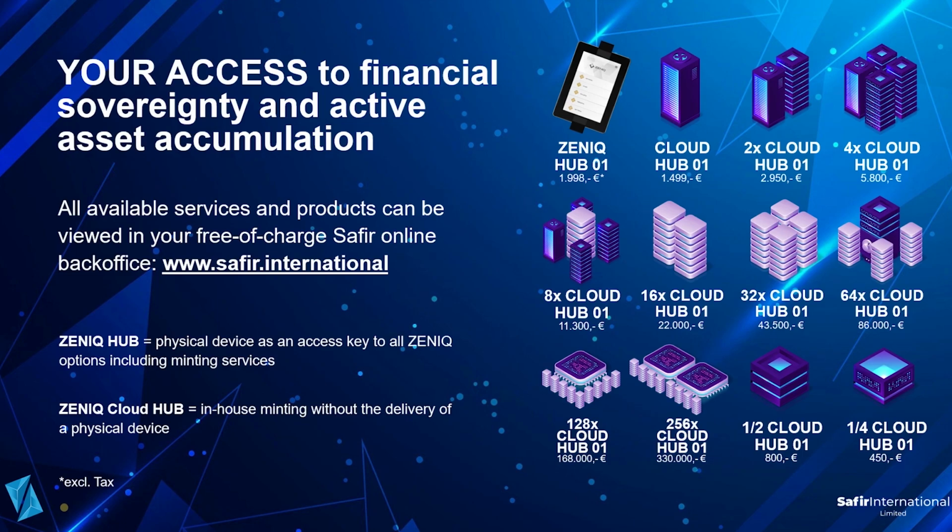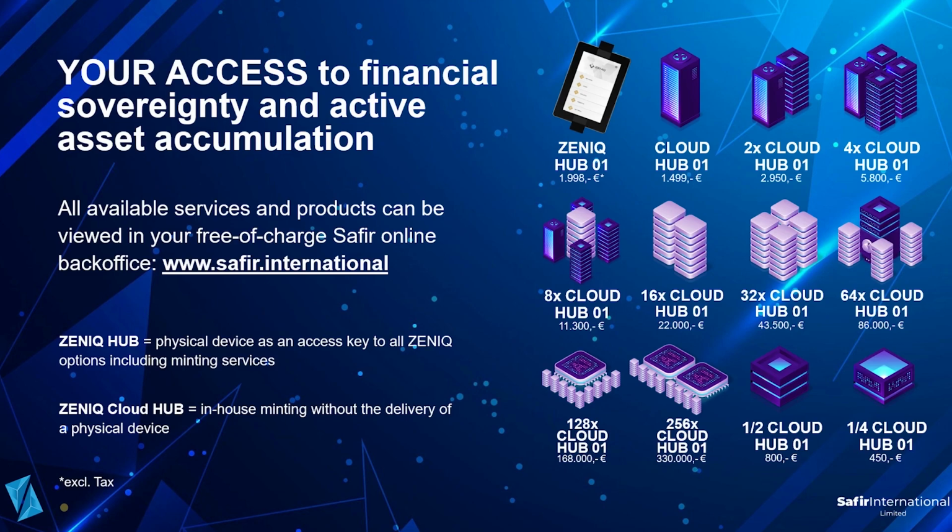The Cloud Hub is a digital server place, you can say. It's only minting coins for you, and you can control and manage these coins via your Safir back office or via your Zeniq app.